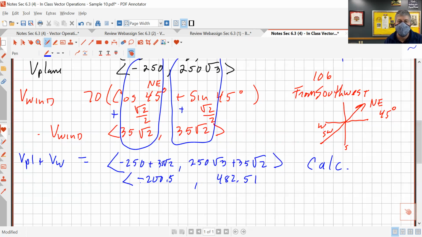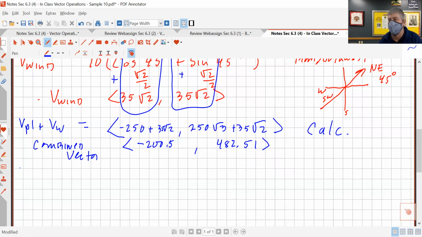So that is my combined vector. Okay. So far, so good.